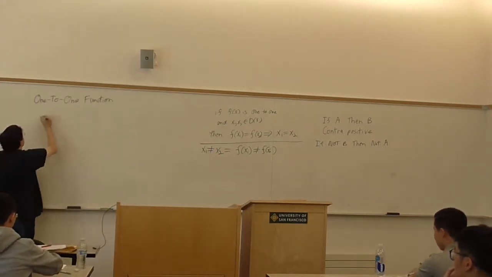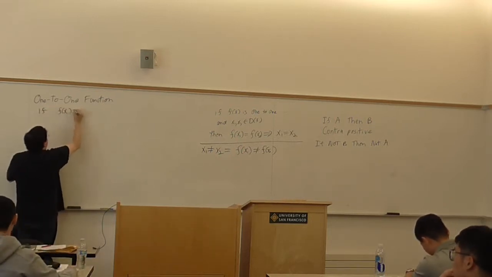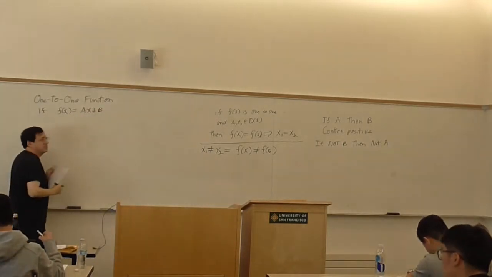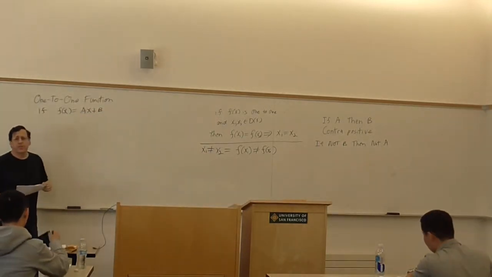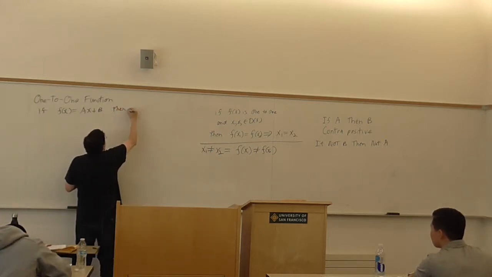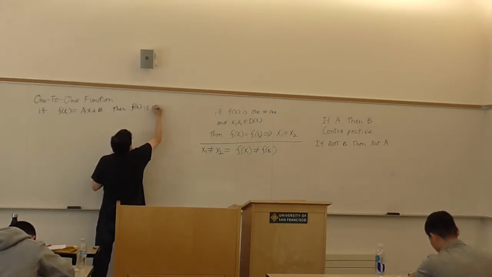So my theorem is f of x is equal to ax plus b, a and b being constants, and f of x is 1-to-1.